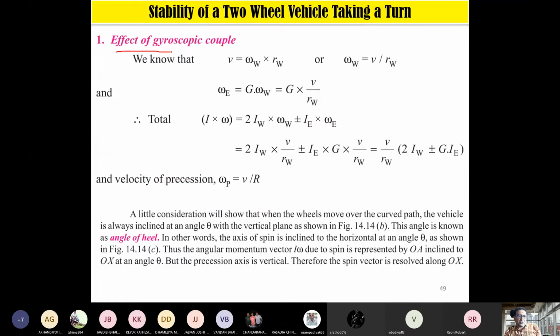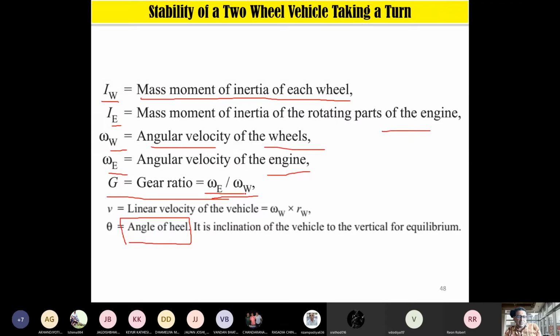Now let us try in a similar way as we did for four-wheel drive. First, the effect of gyroscopic couple. To find the gyroscopic couple effect, first linear velocity is equal to omega r, and what we are interested in is omega W, so it will be v by RW. And omega E is equal to G into omega W, because this is the gear ratio. The gear ratio is omega engine over omega wheel.